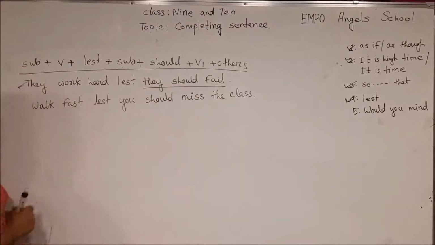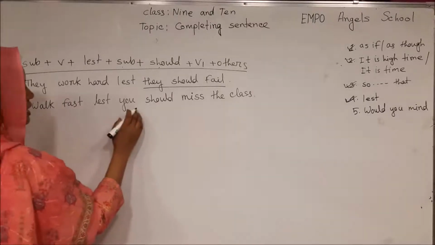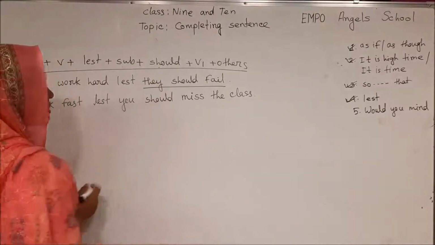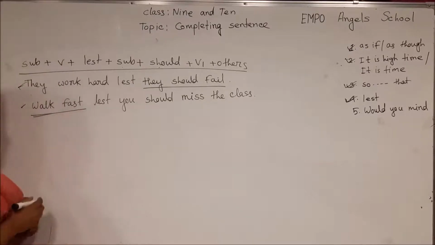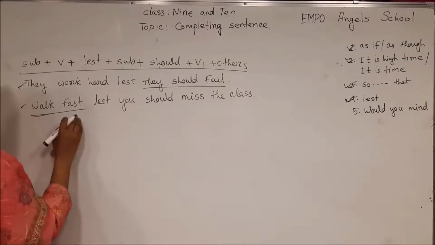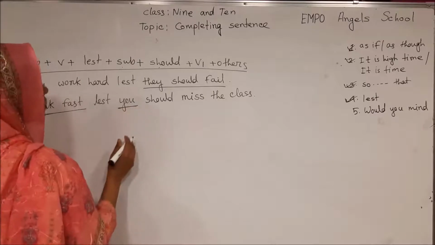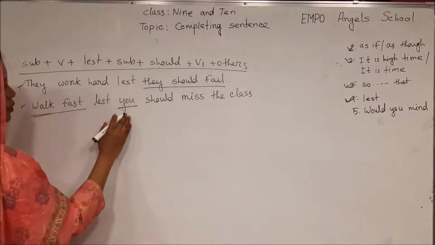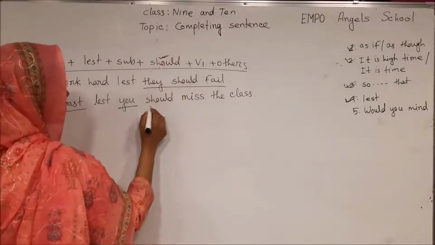In the second sentence, students, notice: work fast lest you should miss the class. Dear students, you know "work fast" is an imperative sentence, and in an imperative sentence we have a subject "you". So I have taken "you" as my subject, then I have to write "should".